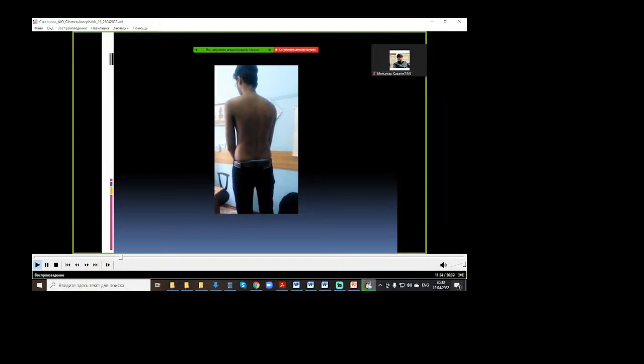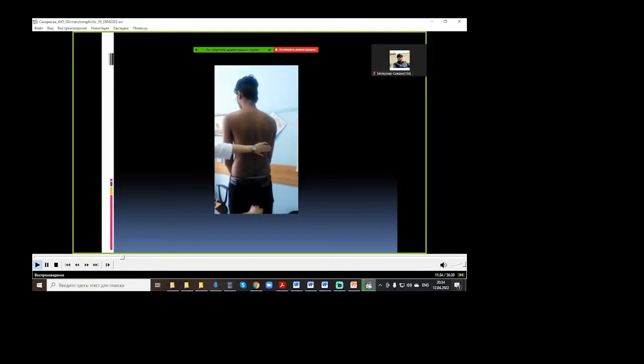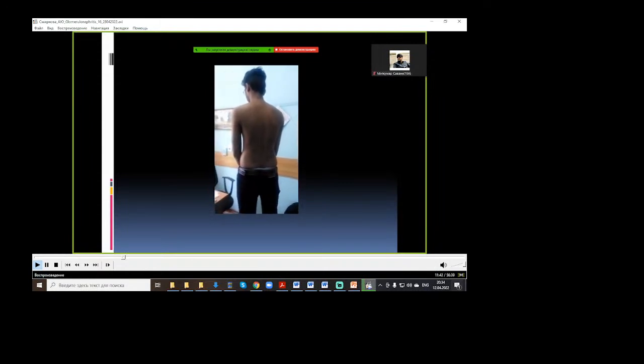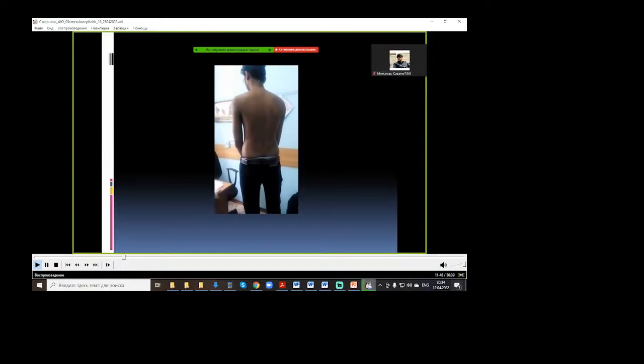After this, we may perform percussion of the kidneys. Percussion means the post-vertebral test. We put our palm on the lumbar region and percuss it with the other palm. If our patient feels pain, this symptom is considered positive.